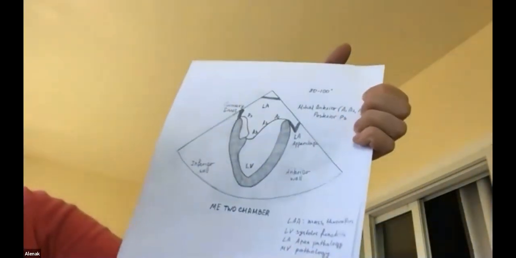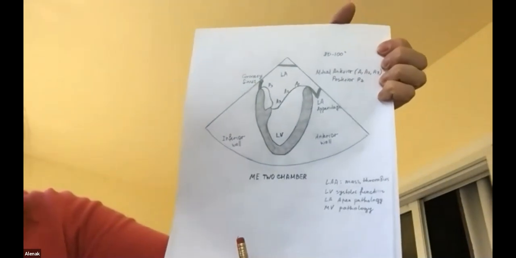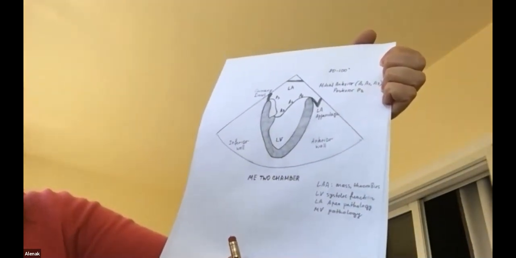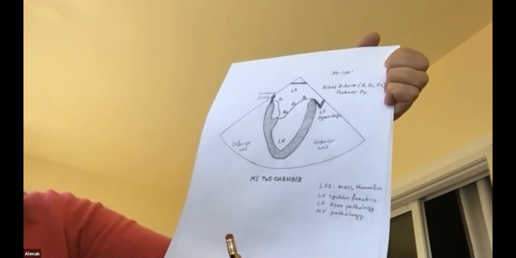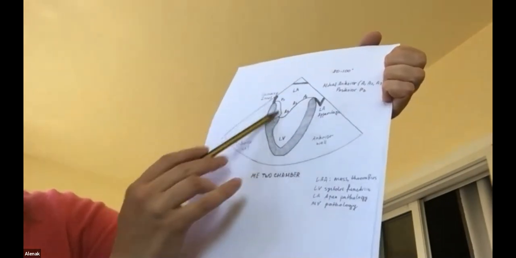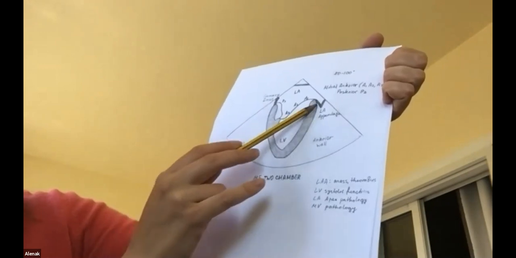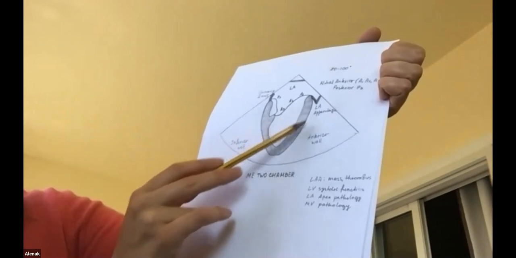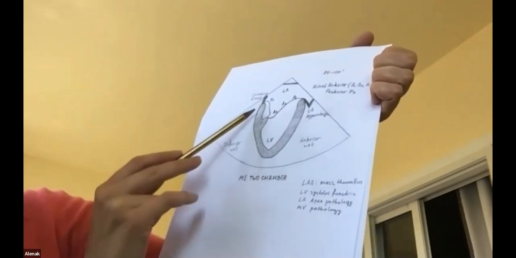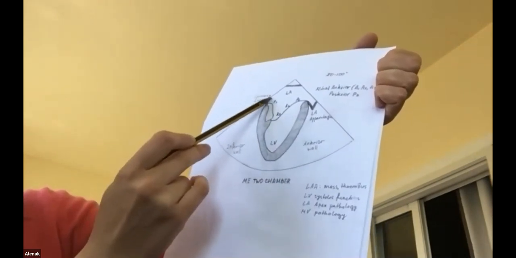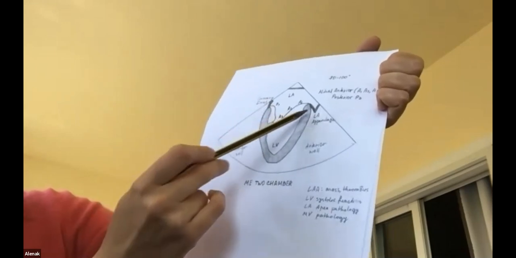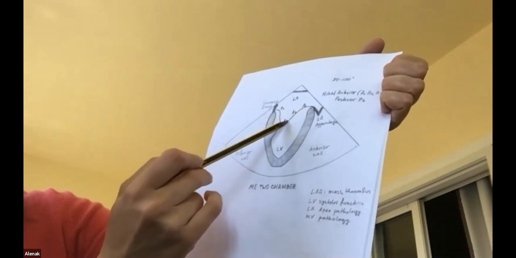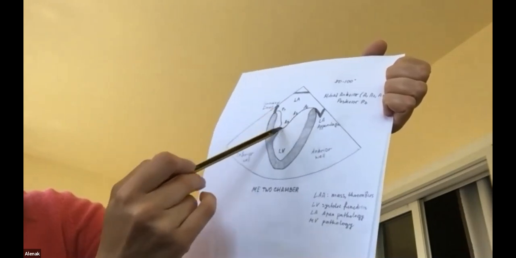In the esophageal two-chamber view, the rotation position of the transducer is 80 to 100 degrees. Here we can see the left atrium, left ventricle. This is the left atrial appendage. This would be the anterior wall, posterior wall, coronary sinus. This is the mitral valve anterior leaflet and posterior.